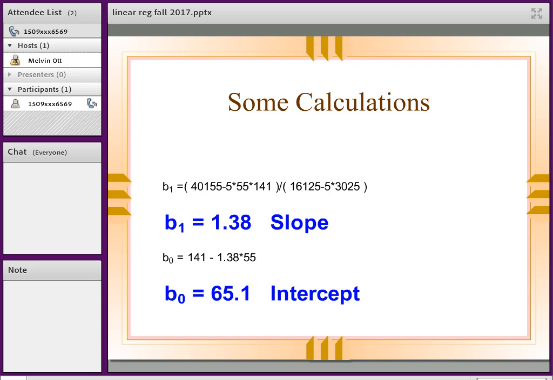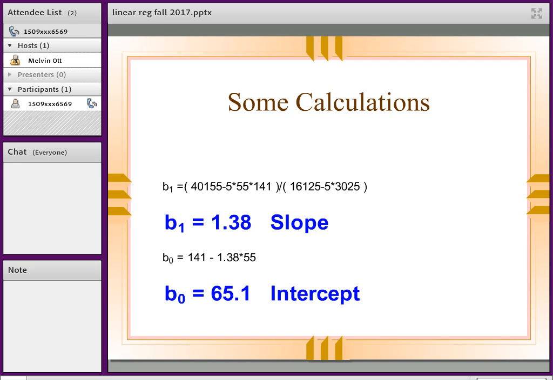Putting that 1.38 in with the means here, my intercept is 65.1. So my line of best fit would be y equals 65.1 plus 1.38 times x.